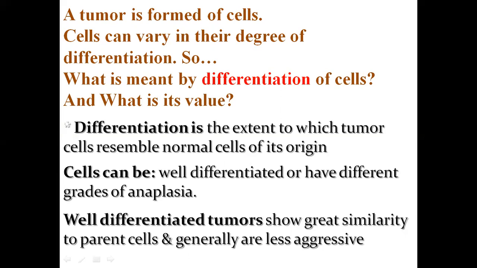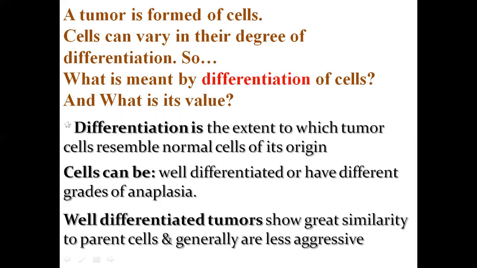This is meant by prognosis, outcome. However, some tumors have cells with lesser resemblance to the original cells from which they arise. So they can be described as moderately differentiated or, with less resemblance, poorly differentiated. With no resemblance, it is called undifferentiated.